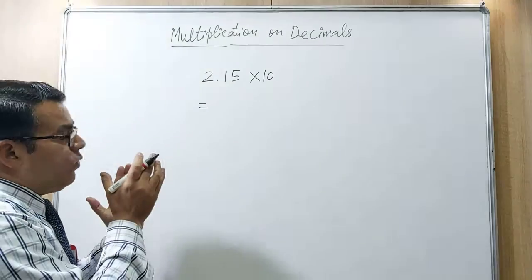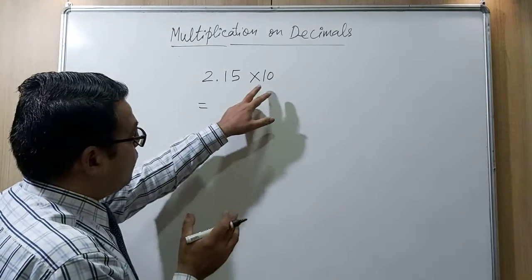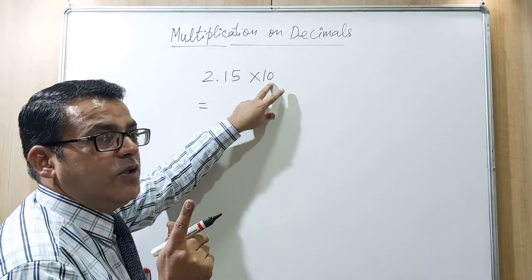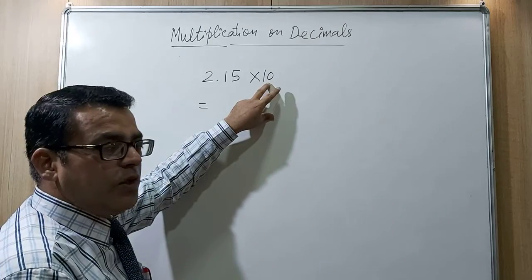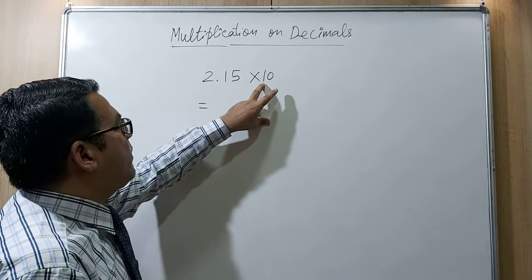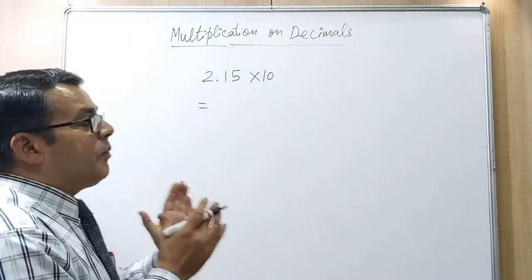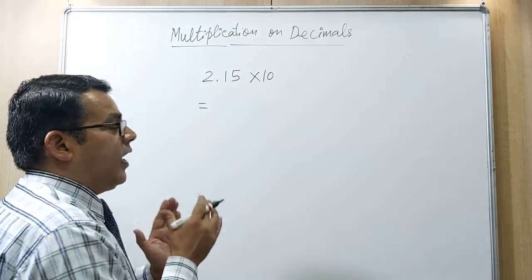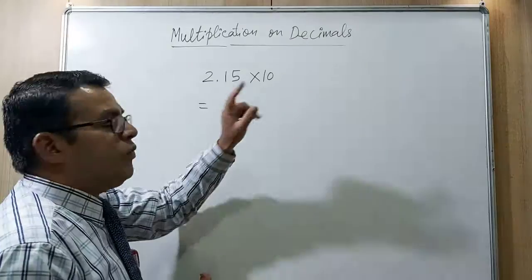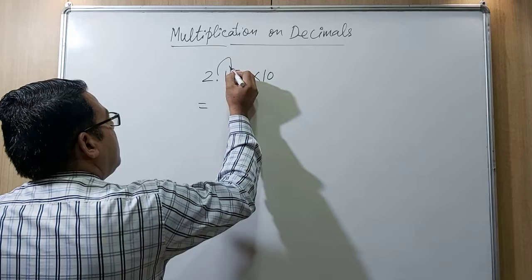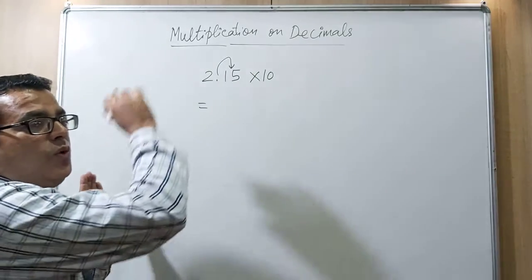See, you need to see here, after 1 we have only 10. In 10 there is only one zero, so after 1 we have only one zero. It depends on the number of zeros that we have after 1. So after 1 we have here 10, so we need to shift this decimal point one place to the right side.